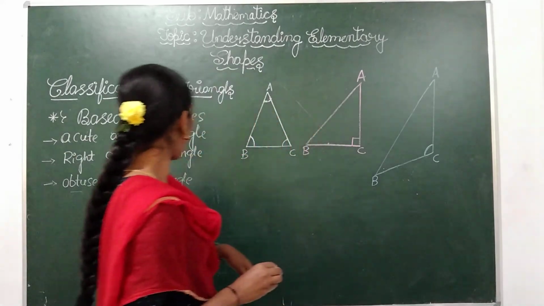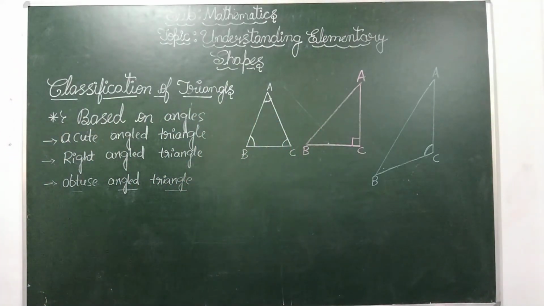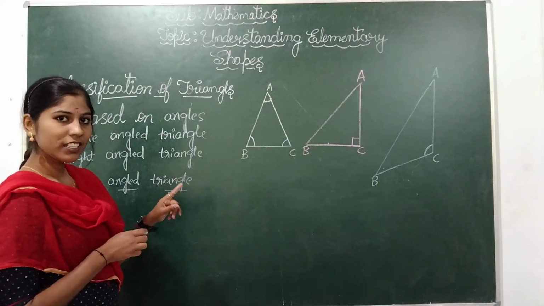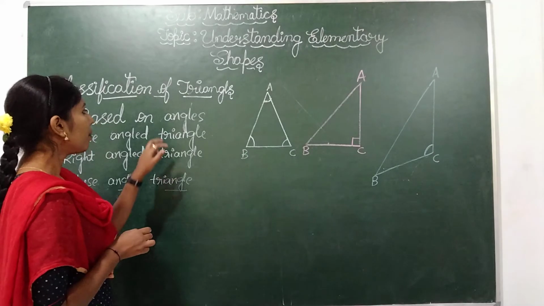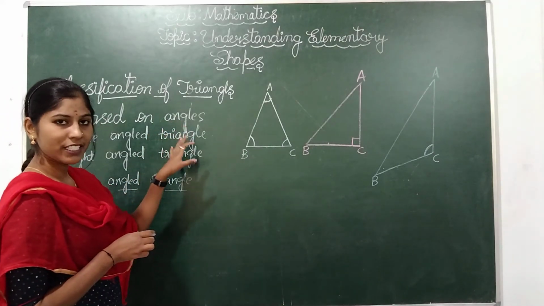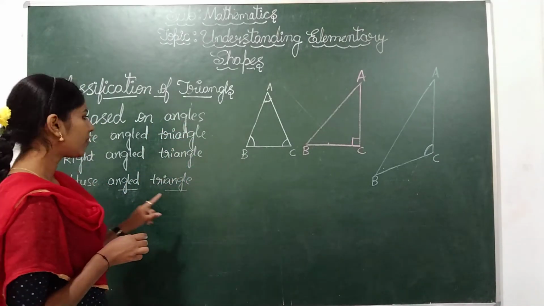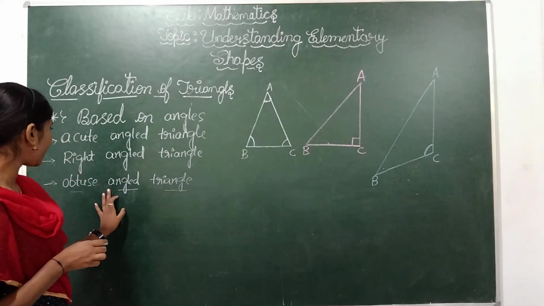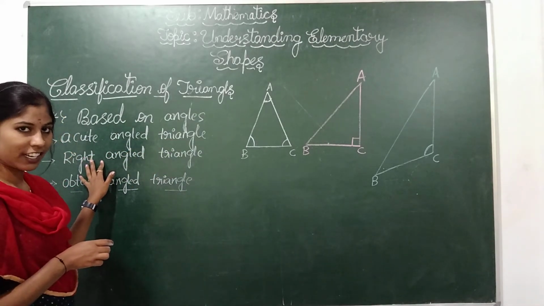That is called an obtuse angled triangle. So these are the three types we are classifying on the basis of angles. Based on the sides as well as the angles, we are classifying the triangles. The types are acute angled triangle, obtuse angled triangle and right angled triangle.